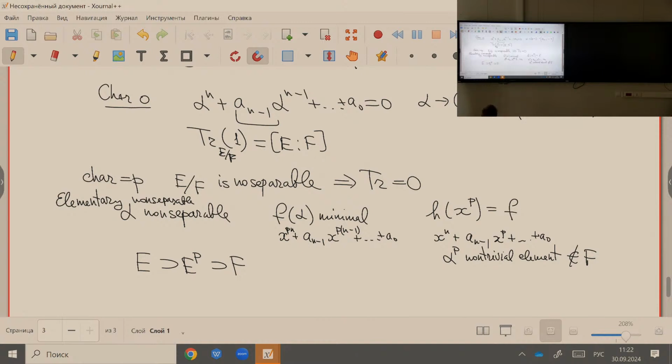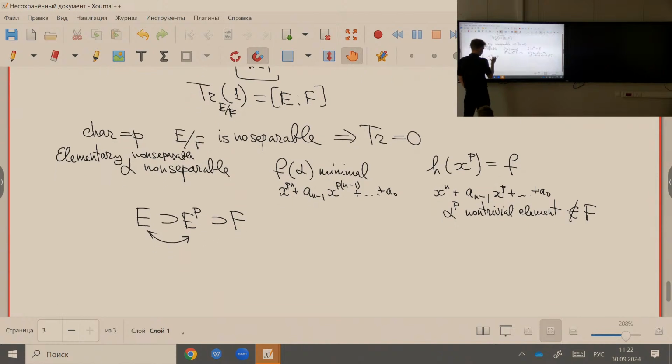Over this extension, it is purely non-separable. All elements look like taking the pth power of the element.